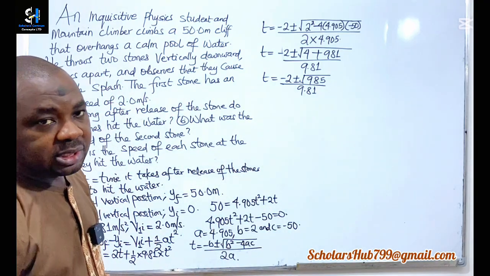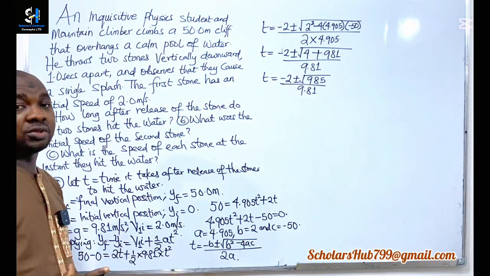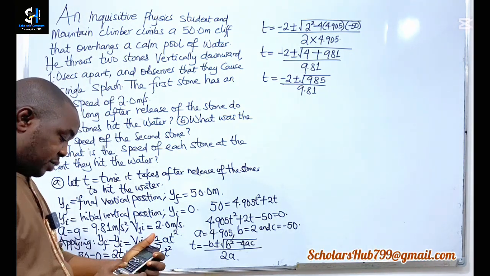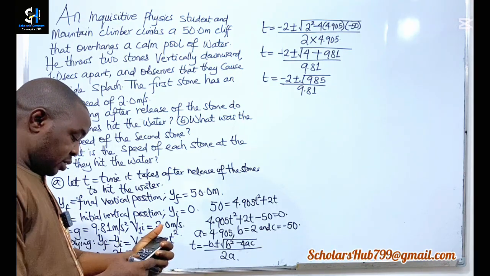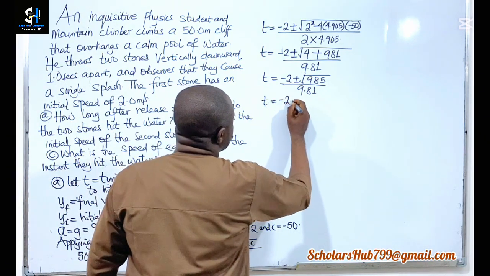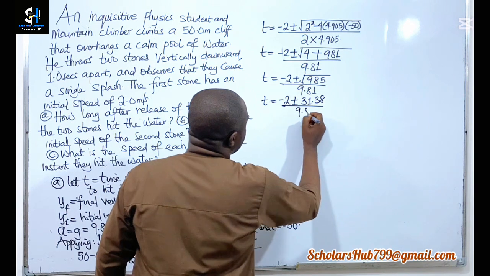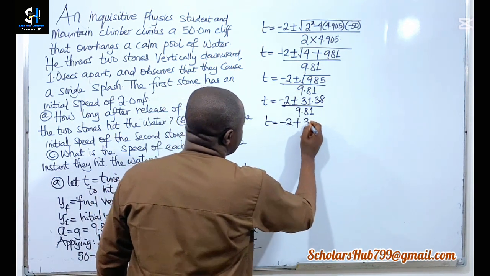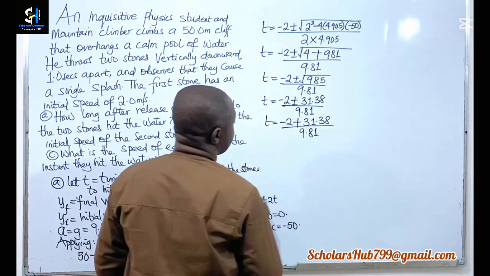Now, the value of T can only be positive; it cannot be negative. So let's get the square root of 985. That is 31.38. So T equals negative 2 plus 31.38 divided by 9.81.